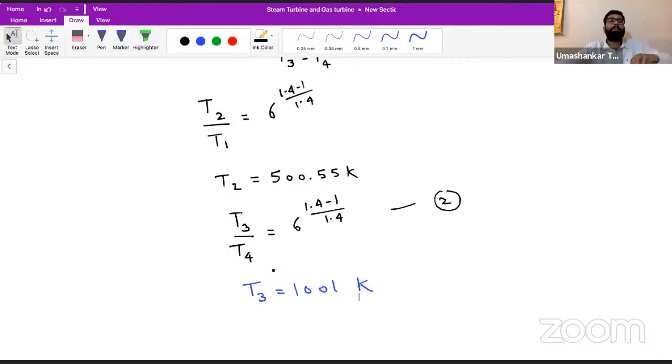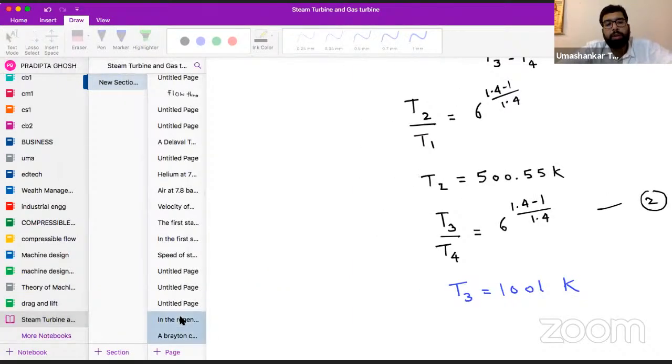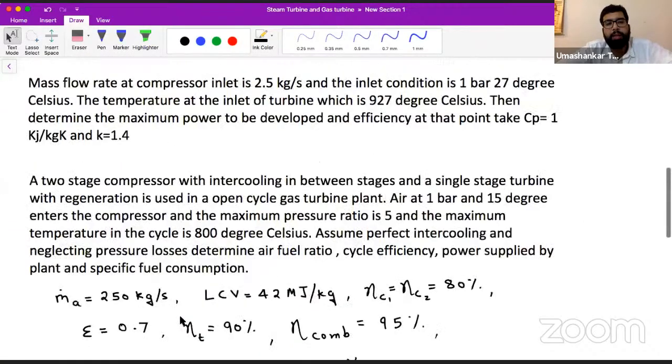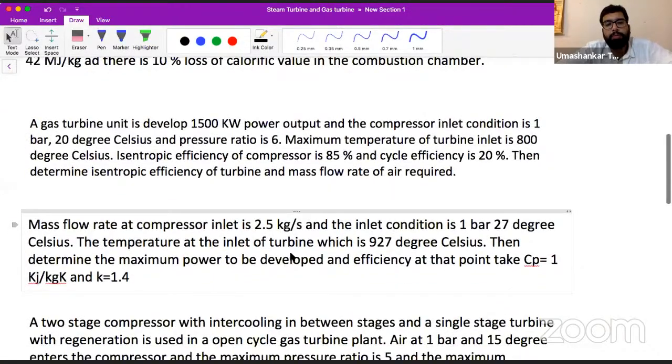So your maximum temperature in the cycle will be 1001 Kelvin. Is that clear or not? So now let's do the next question.